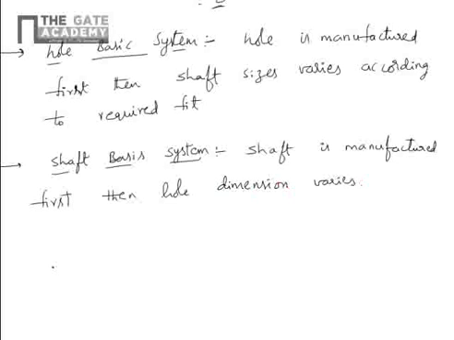Out of this, hole basis system is easy, and in application they mostly use hole basis system only. Once you have manufactured the hole, then accordingly you can change the size of the shaft. That's why hole based system is more in practical usage.